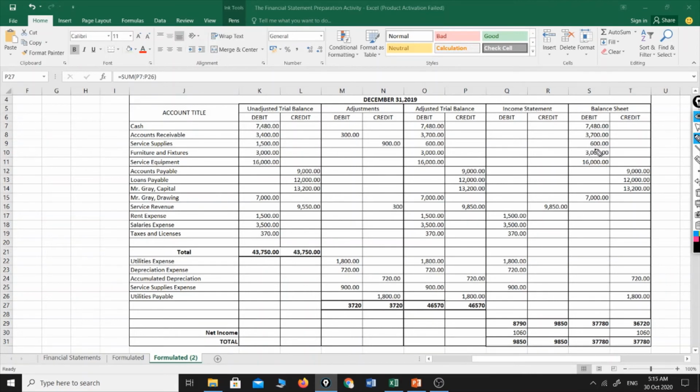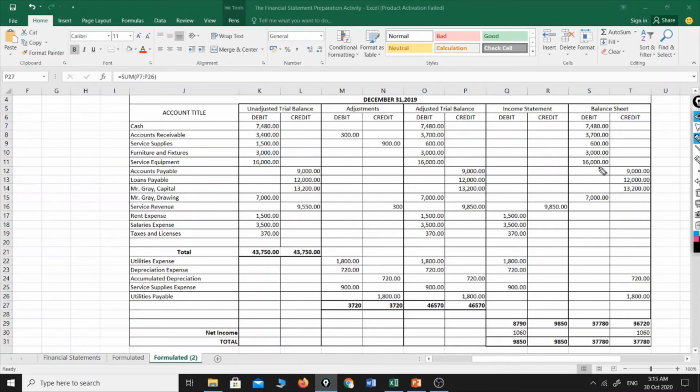Okay, what account title should be reflected in the balance sheet? Take note, in the balance sheet, the account titles that should be there are the assets, liabilities, and owner's equity. The real accounts. While in the income statement, all the account titles involving revenues and expenses. That's why it's very important here that you should recognize what financial element an account title is.